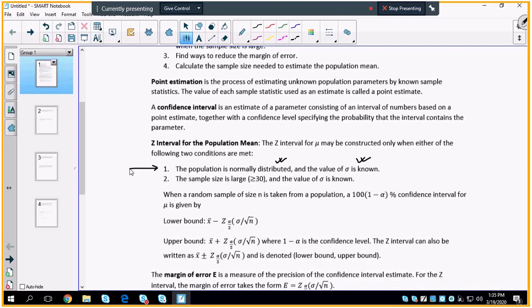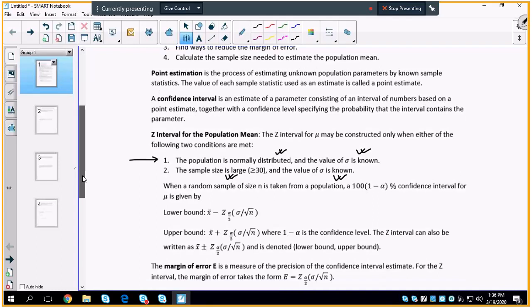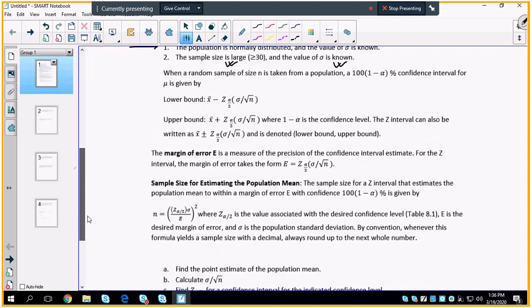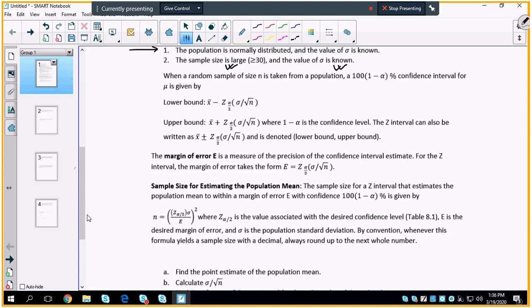So if you do not know that it is a normally distributed distribution, but you know that the sample size is large enough, it's greater or equal to 30, and the standard deviation for the population is known, you can find the Z confidence interval. So we will talk about only Z confidence interval in this lecture note, and we are going to learn the process of finding the Z confidence interval.